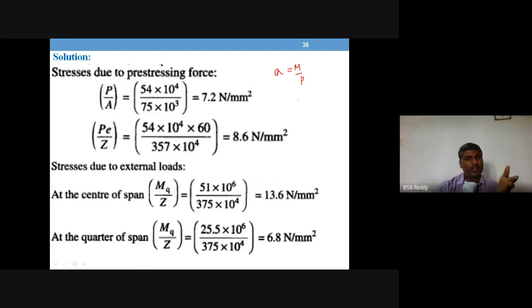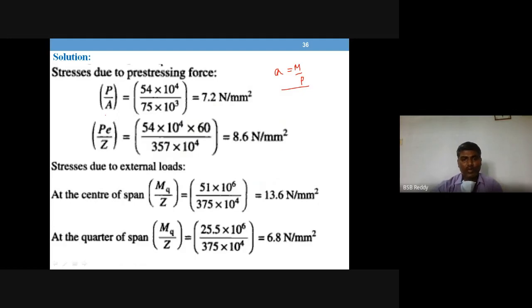That is also by the definition of the pressure line: the CG of the resultant stress diagram. So first draw the resultant stress diagram and locate its CG. That will give you the A value directly. Okay, so let us do that.